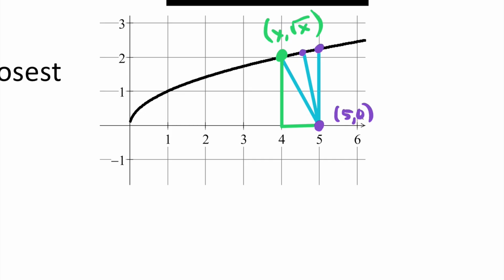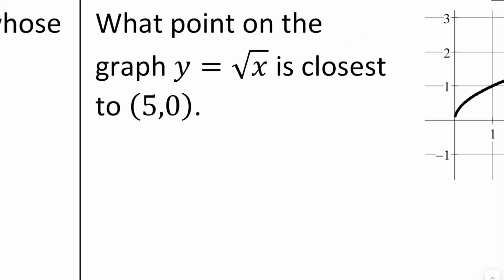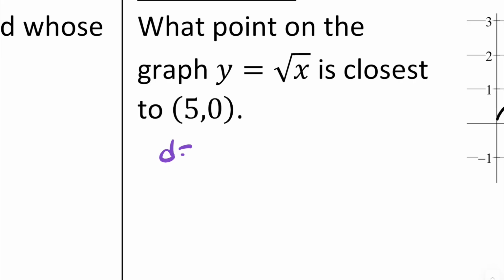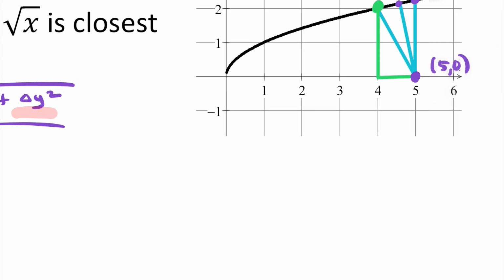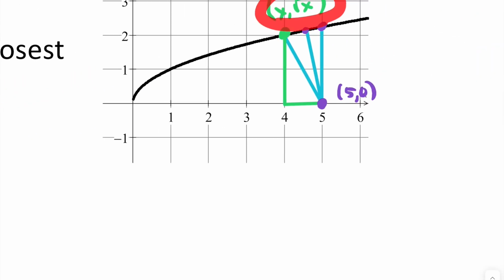Again, we can use any function we want. The square root of x is the current one that's given. So I'm going to write the distance formula. Distance equals the square root of delta x squared plus delta y squared. It's the difference of my x's squared plus the difference of my y's squared. It doesn't matter, these orders don't matter, as long as when you substitute in your numerical and variable inputs and outputs, you do them consistently in the same order.